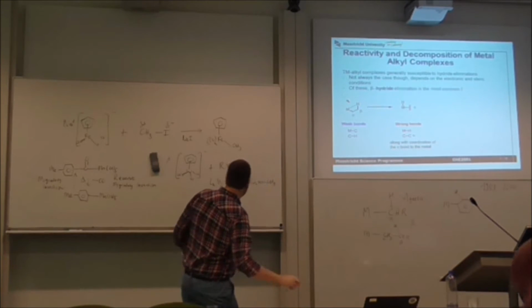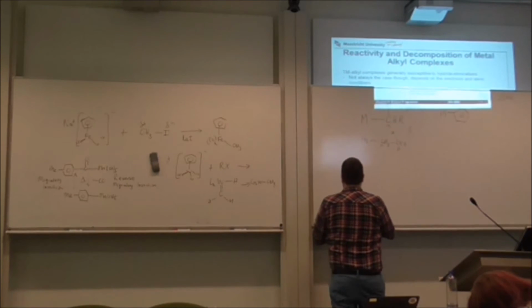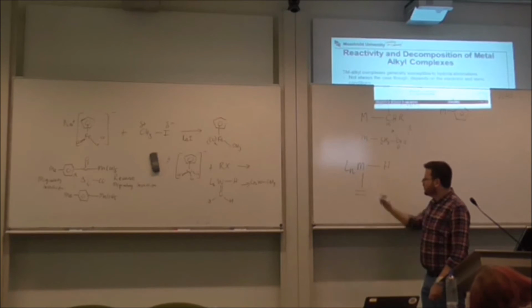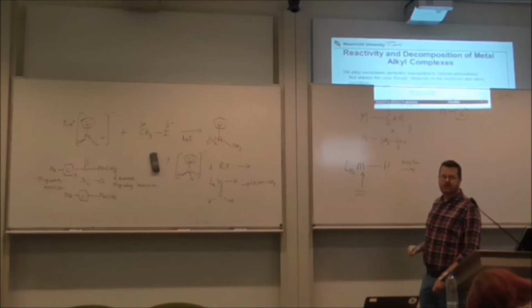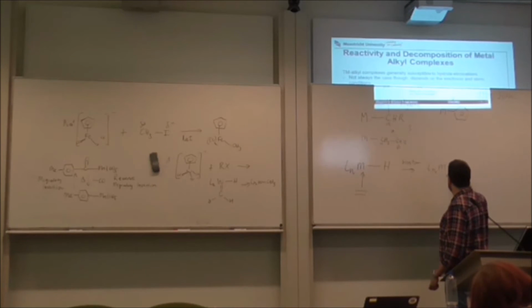So let's just write that down because it's of paramount importance. There's an alkene coordinated to a hydride. Insertion is the process whereby the alkene inserts into the hydride and we get this.